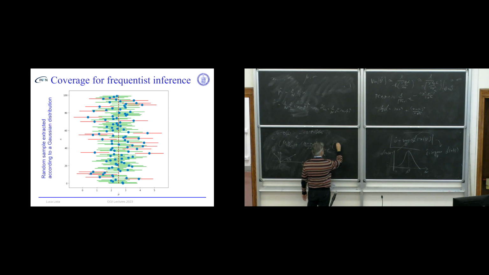You get something which is x prime minus mu x prime squared divided by 2 sigma x prime squared plus the same for y prime, but you end up also with a term which you don't have in case of the simple product of two probabilities.